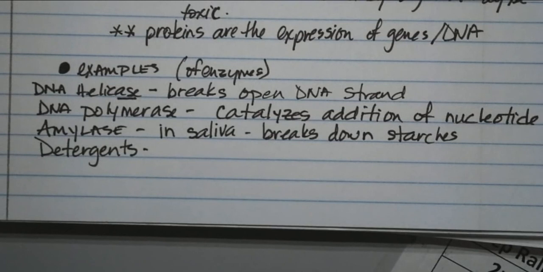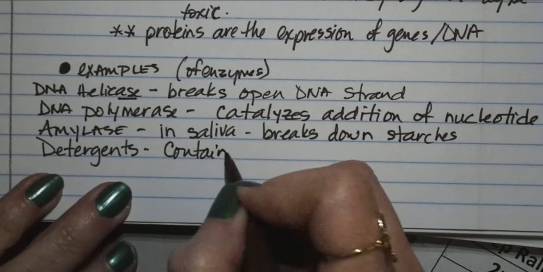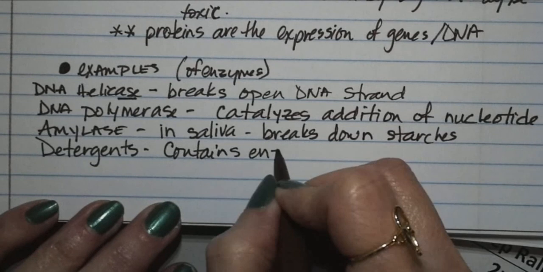If you read the instructions on the detergent bottle, for those of you who have never done laundry, it says warm water or cool water, because these detergents have enzymes, and if you put them in hot water, they don't work. They can break down organic stains, grass stains, food stains, mustard, ketchup, all that good stuff that you guys drip all over yourself. So it contains enzymes that break apart stains.